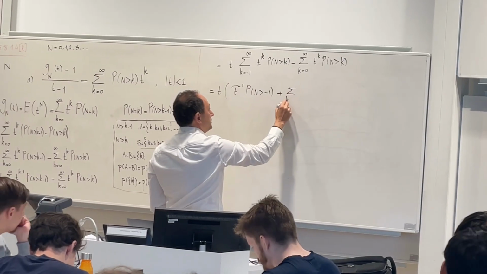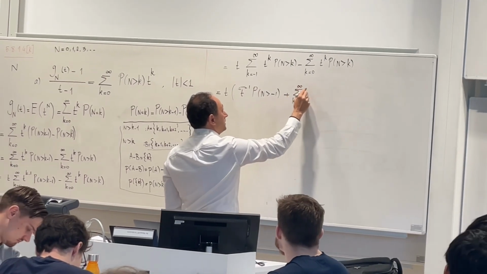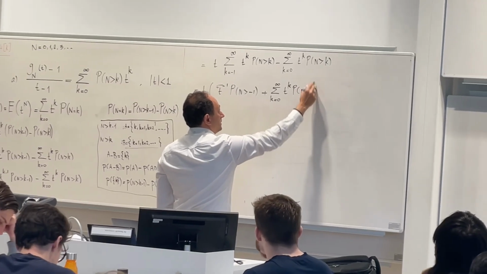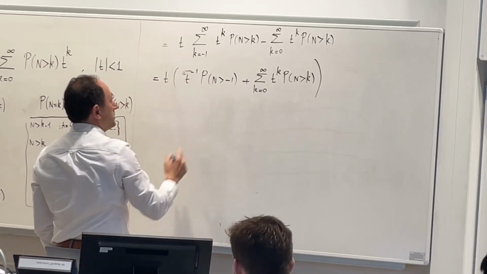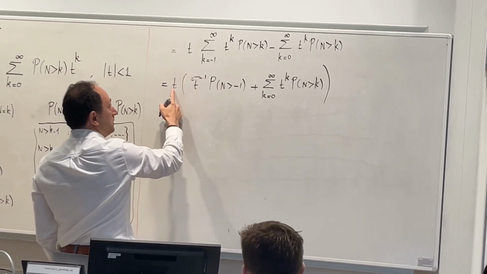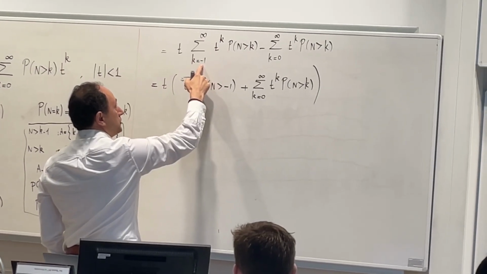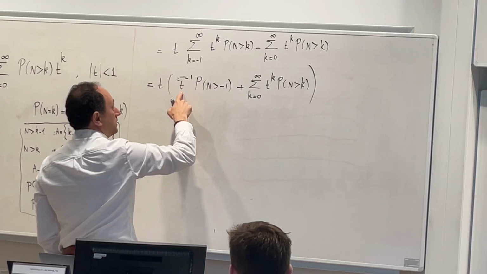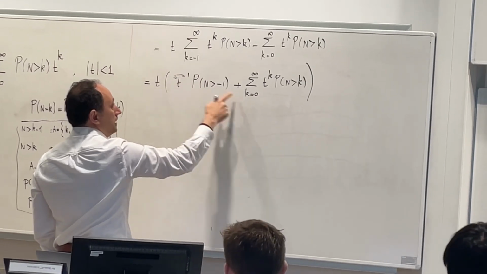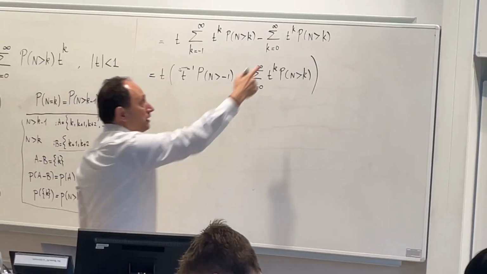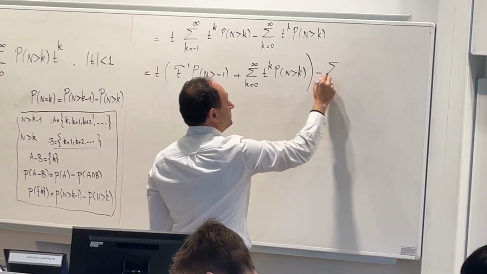I will wait a little bit for you to digest what I have done. So you see, what I'm playing, this t is this t, and instead of this, I calculated the first term, which corresponds to k minus 1, and then the rest of it starts from 0, yes? Do you agree? And then I copy and paste the last term.